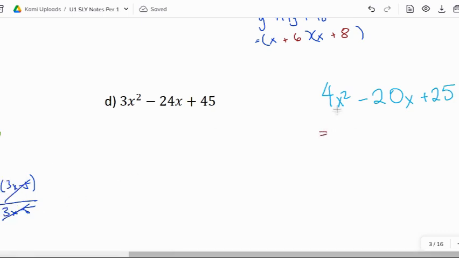And I'm like, well, 4x squared has a perfect square. 25, you can take the square root of 25, which is 5. Now let's check. What's the product of 2x and 5? 10x. Double it, it's 20x. It works. So will I put a minus or a plus inside the bracket? Minus, because of this negative. And then I make sure that I write that the binomial is squared.